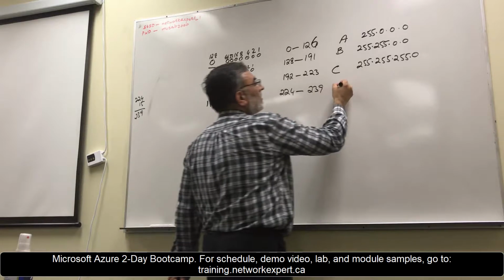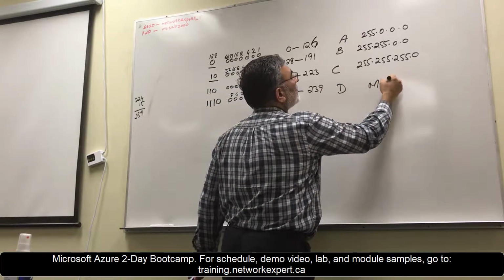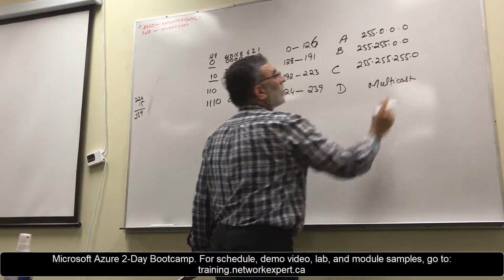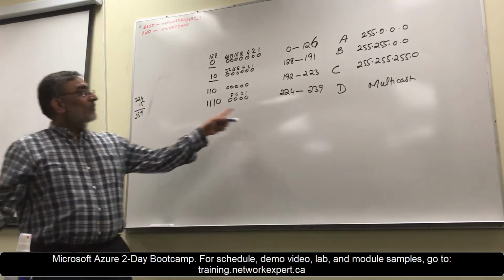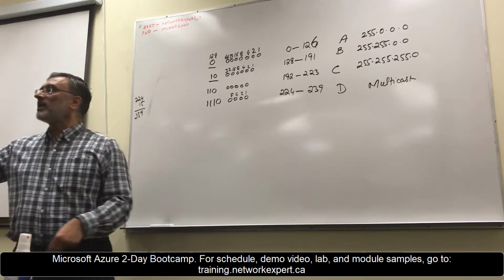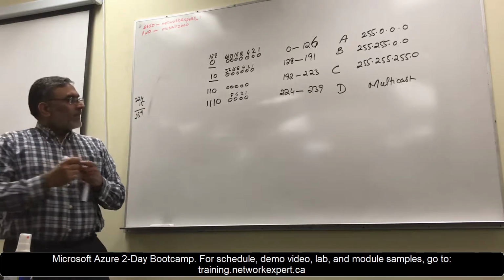So this is D class address, reserved for multicasting. So normally you won't see addresses assigned to the end hosts from this range. So this is for multicasting, okay?